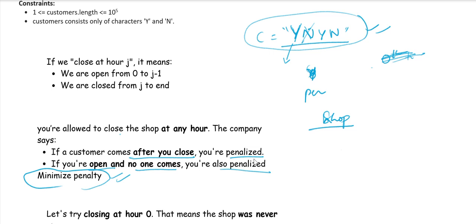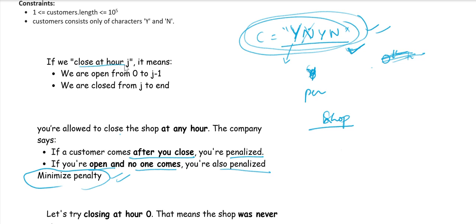And if you're open and no customer has come, basically you have wasted your time by opening, so then also you'll be penalized. So you have to minimize the penalty. You want to make sure that if you're open, customers are there. If you're not open, customers are not there. You have to choose the minimum penalty.